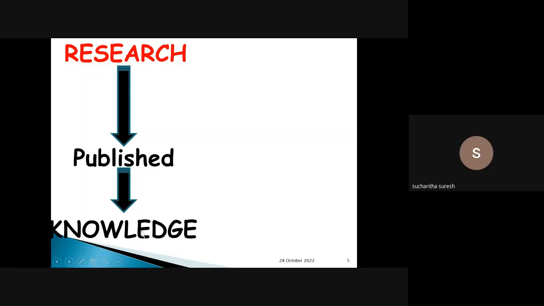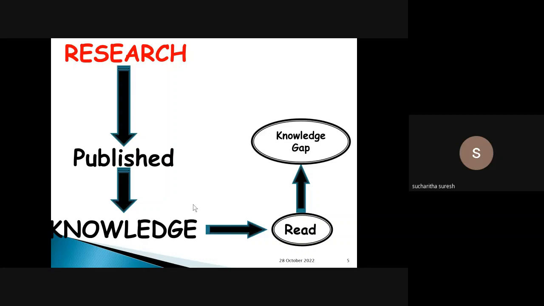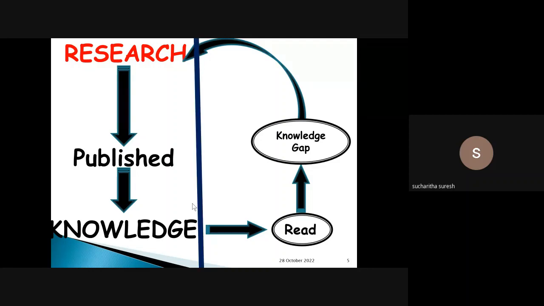That knowledge, since it is published in the form of literature, somebody will read. Then they will identify some research gap, take up a new research topic and do research. This is how the enhancement of knowledge happens. We conduct research, we publish, and once it is published in a particular journal we call it literature.